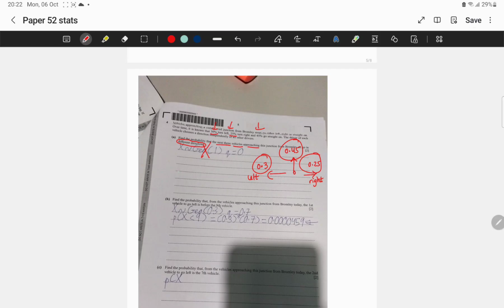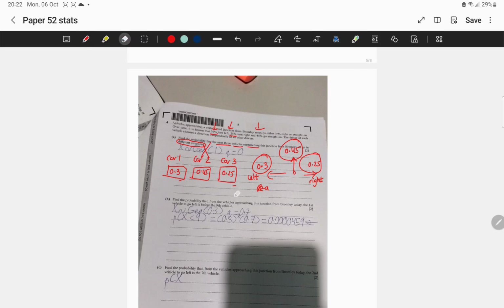There's permutation in this. What happens is that I have 3 vehicles, car 1, car 2 and car 3. What I need is for each one to go in different directions. So the probabilities have to be 0.3, 0.45 and 0.25. I just have to rearrange them, because I can get 0.45, 0.3, 0.25 here, or there are different ways that I can rearrange this.